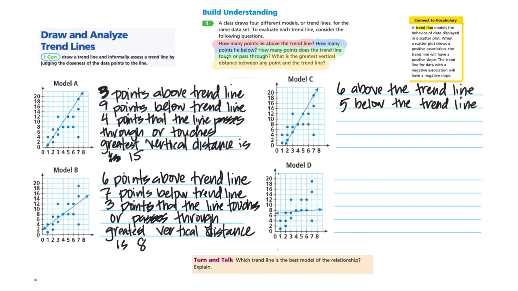Let's look at the number that it passes through or touches. So we have 1, 2, 3, 4, 5. So 5 points.